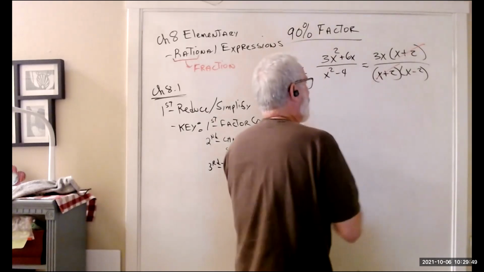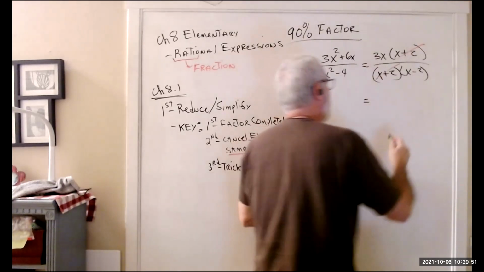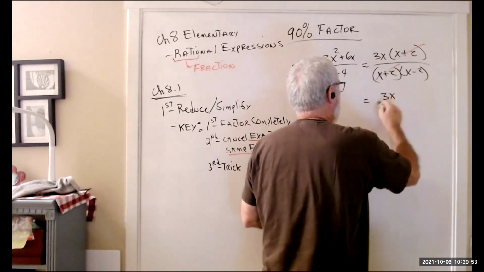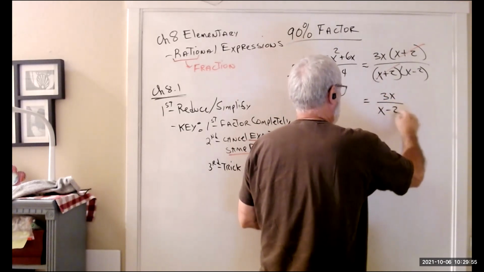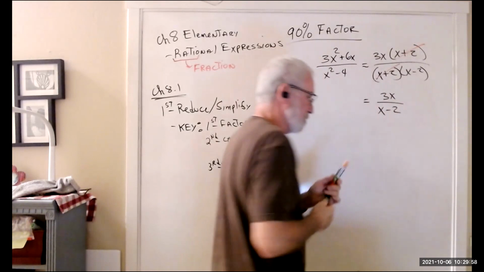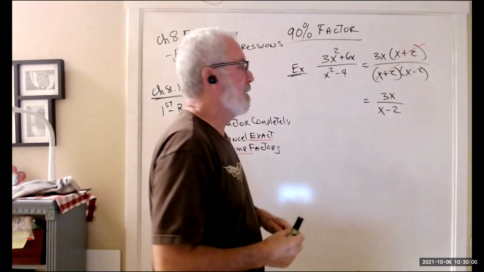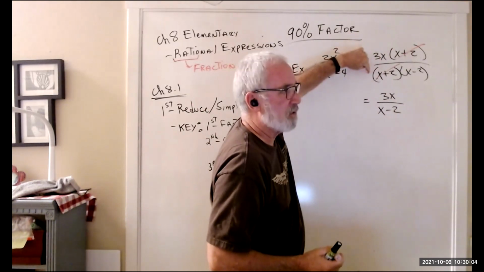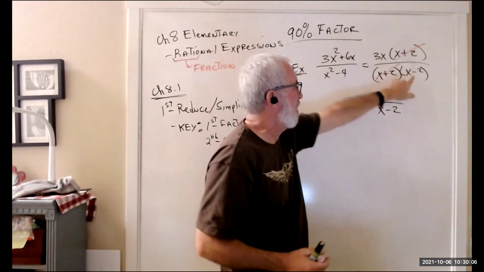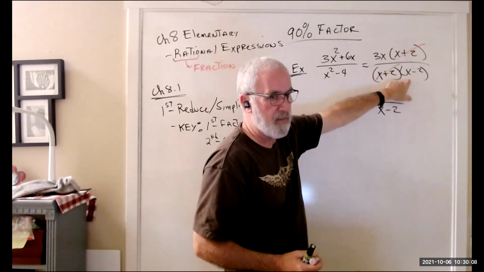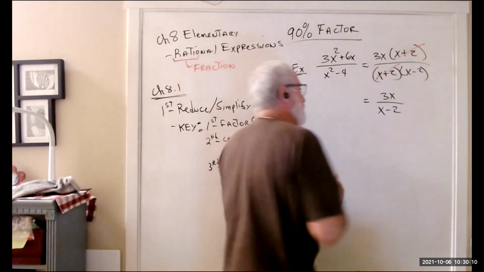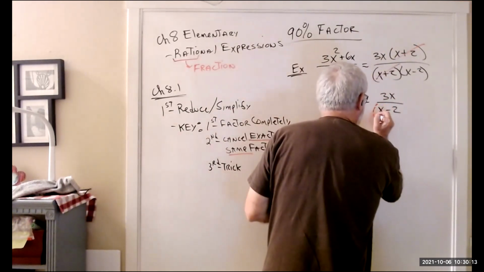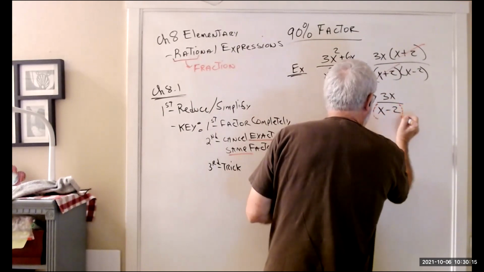Okay, so here is now our final answer, and this is where we're going to have a few issues. After we cancel the x plus 2's out, the 3x is left and the x minus 2 is left in the bottom. The parentheses are still around the x minus 2.